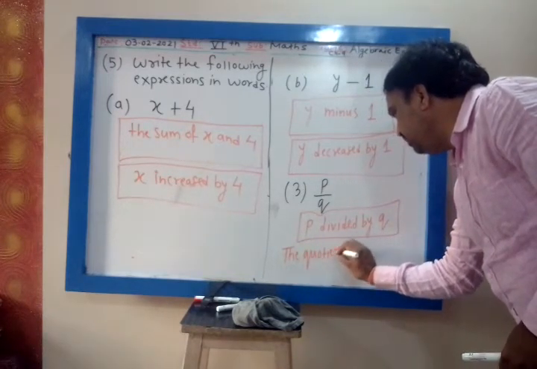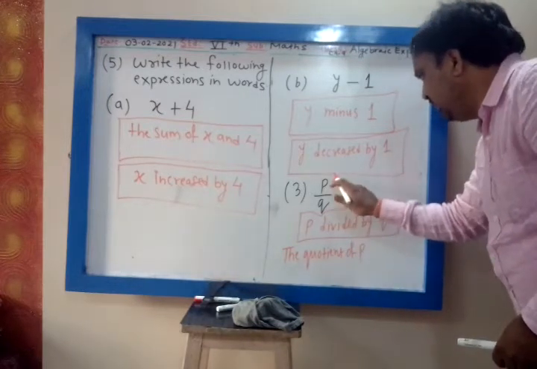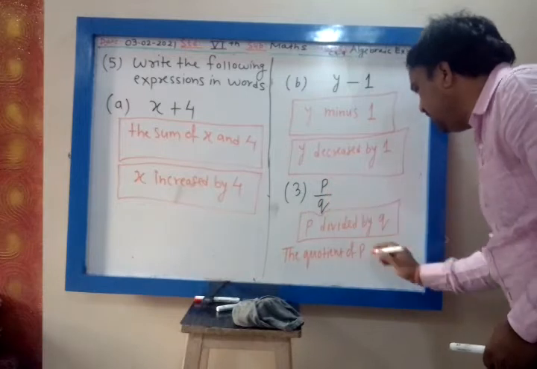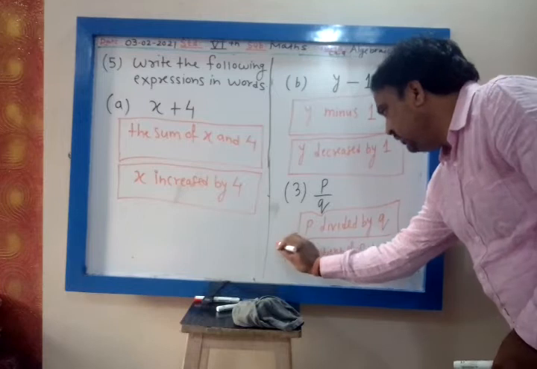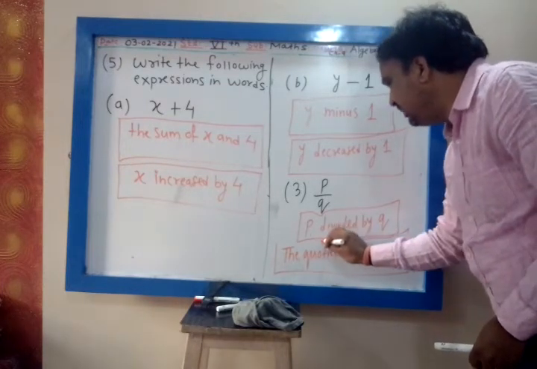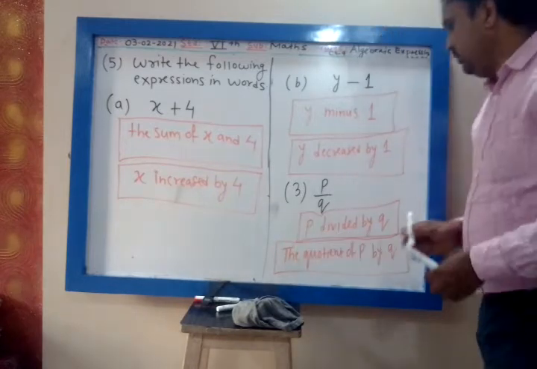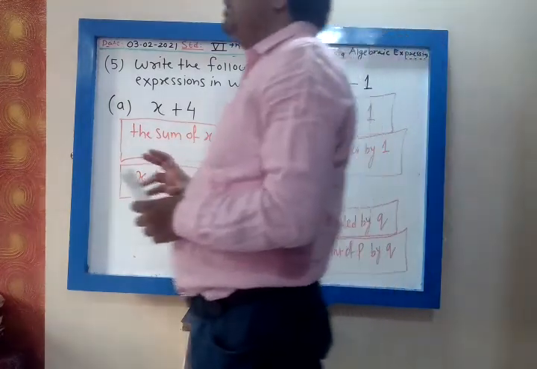The quotient of P by which number? By Q. You can also read P divided by Q or the quotient of P by Q. They are one the same.